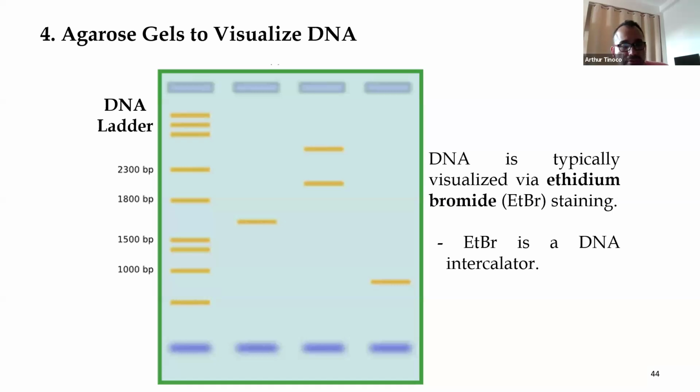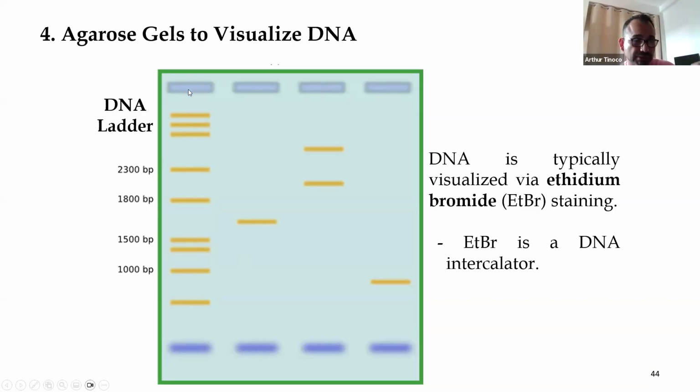In this agarose gel, we have four lanes. In the first lane, the one to the left, we have a DNA ladder. This is a ladder composed of DNA of different base pairs. When you put the sample up here and run the gel, you move the nucleic acids in that ladder.